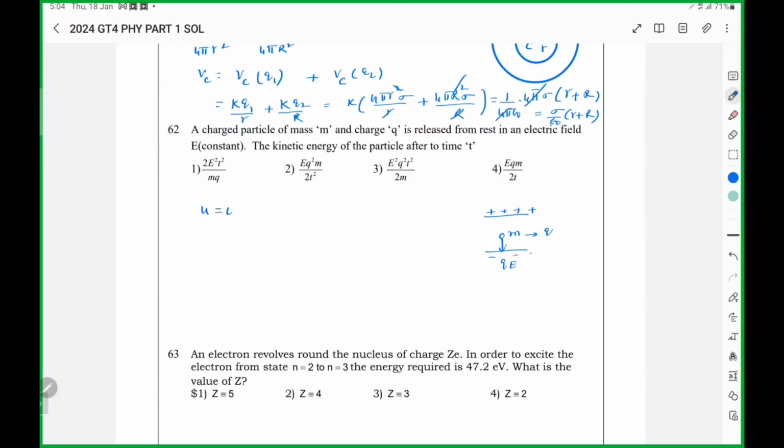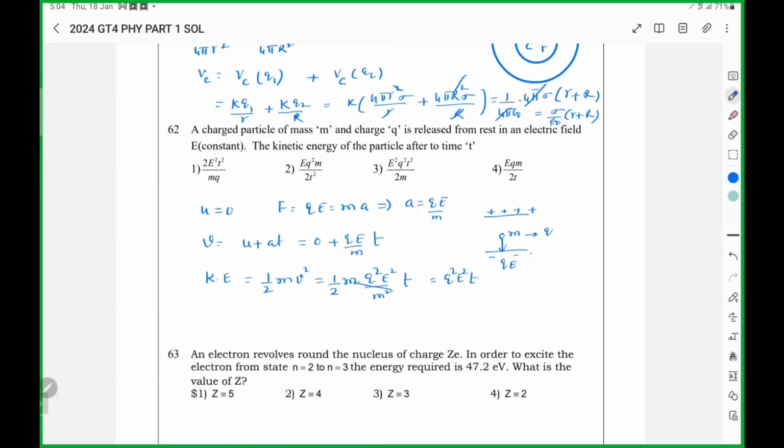Started from rest, due to this force the acceleration gained by this charged particle gives V equal to 0 plus qE by m into T. So the kinetic energy is half mv square, which is q square E square T square by 2m.